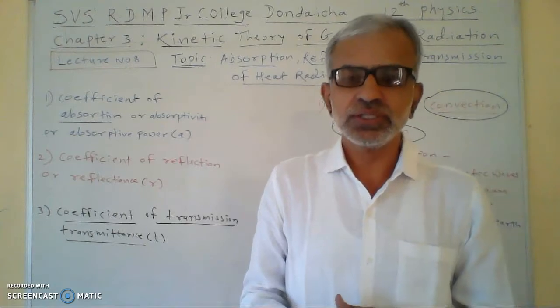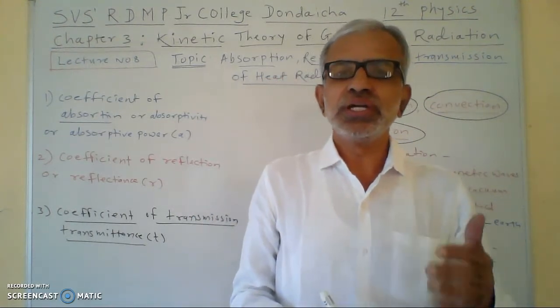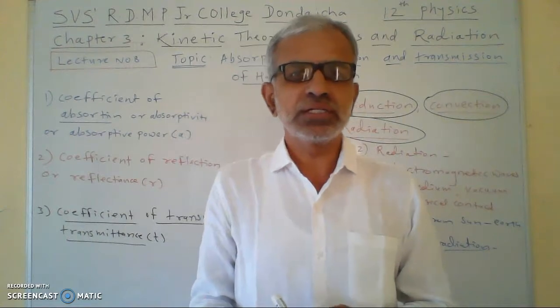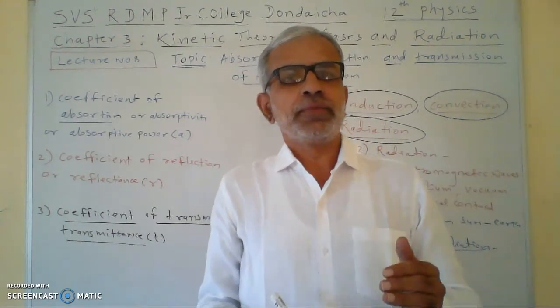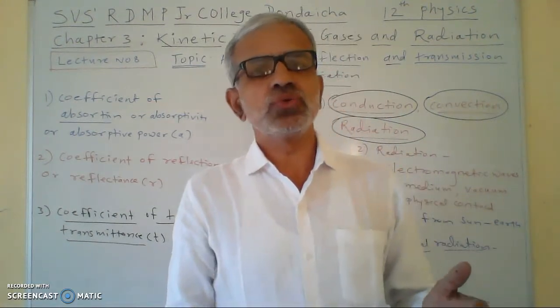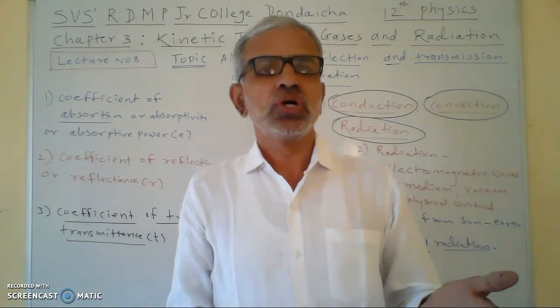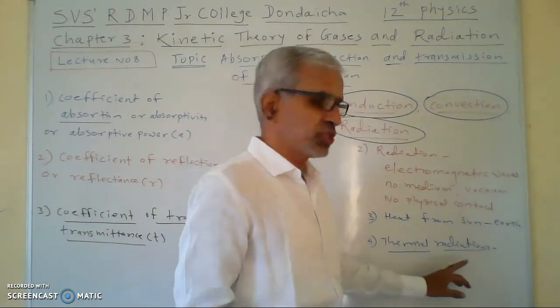Radiation is the process of emission of heat energy in the form of electromagnetic waves from the body at high temperature to a lower temperature. So that is also called thermal radiation.